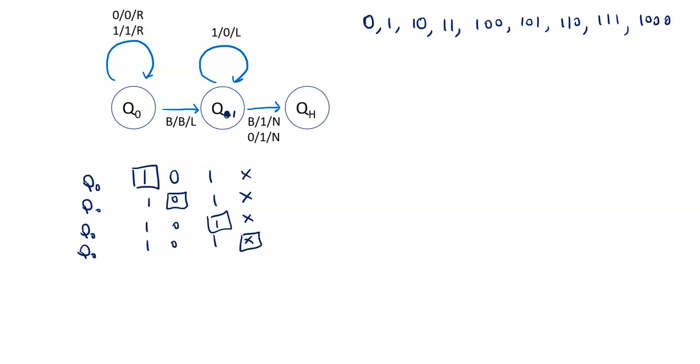Okay, so we've ended up in state 0 and we've gone to the right of the number we were trying to increment. And so now we're going to leave that being blank and we move back to the left. But now we are in state 1. So now that we're in state 1, we turn this 1 into a 0 and we stay in state 1. So 1, we're now here.